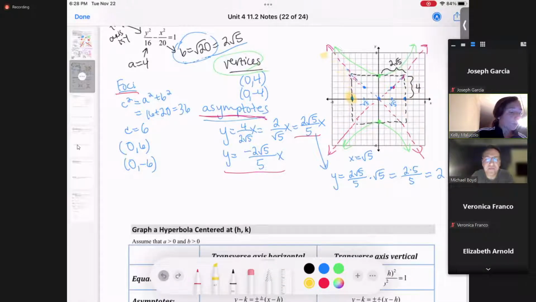So once you get those main points, it should be fine. We didn't graph the foci, but we could, right? So it was (0, 6) and (0, -6). So 1, 2, 3, 4, 5, 6. So you could have graphed those. I don't know that it needed you to, but there we go.